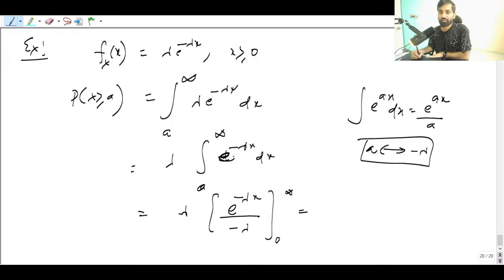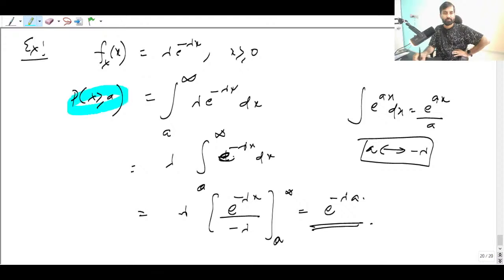You're going to get e raised to power minus lambda a. Please remember that. Simple it is, because e raised to power minus infinity is 0. So the result for this is e raised to power minus lambda a.